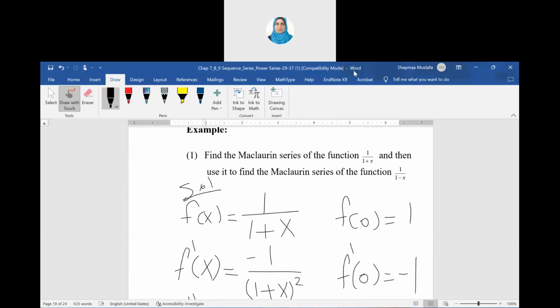Okay, now we need to use this one to find the function 1 over 1 minus x. We already found the Maclaurin series of the function 1 over 1 plus x. Now I need to find the Maclaurin series for the function 1 over 1 minus x.